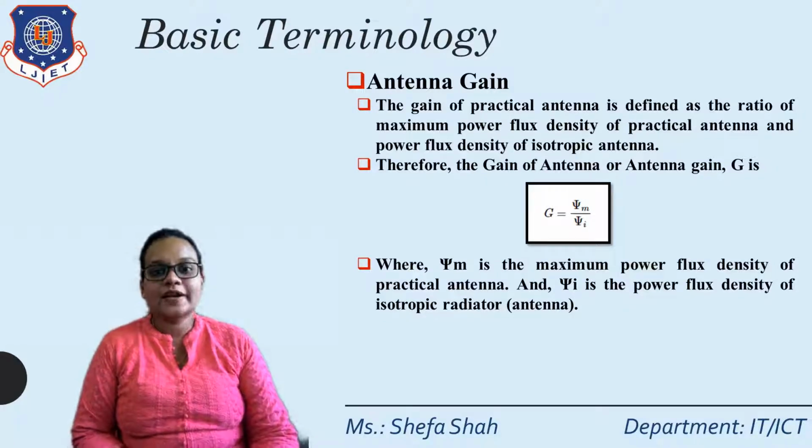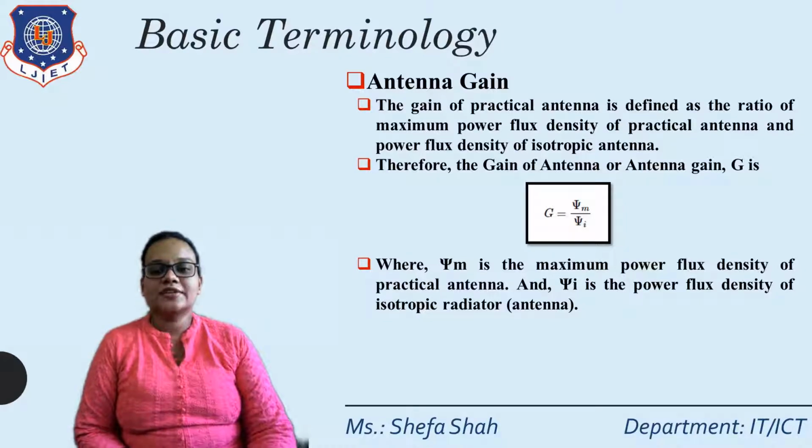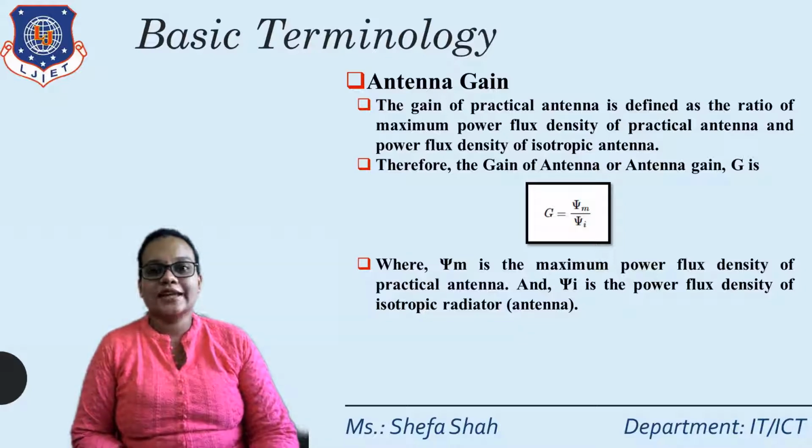The gain of a practical antenna is defined as the ratio of the power flux density of the practical antenna and the power flux density of the isotropic antenna. The gain is denoted by capital G, and G is equal to psi m divided by psi I, where psi m is the power flux density of the practical antenna and psi I is the power flux density of the isotropic radiator or antenna.